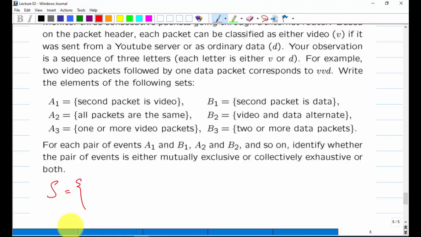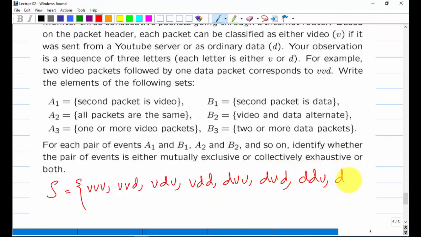So it will include VVV, VVD, VDV, VDD, DVV, DVD, DDV, DDD. So we could have only all these 8 possible outcomes. So these are the finest grain, so we cannot further reduce them.